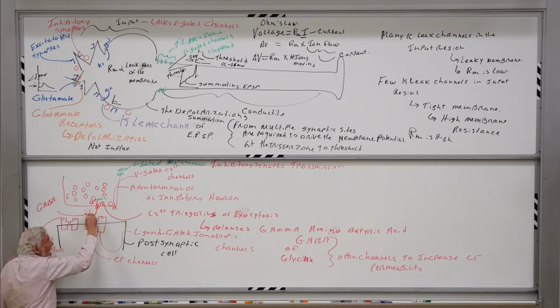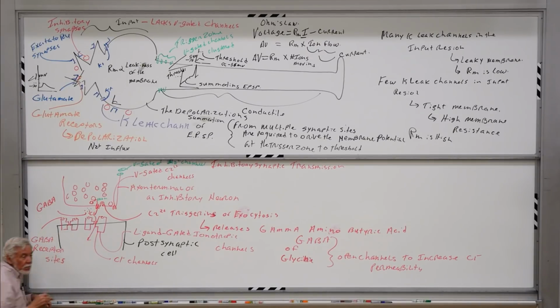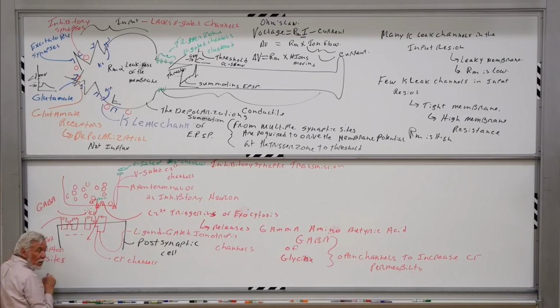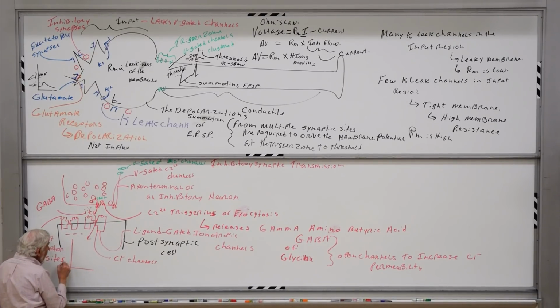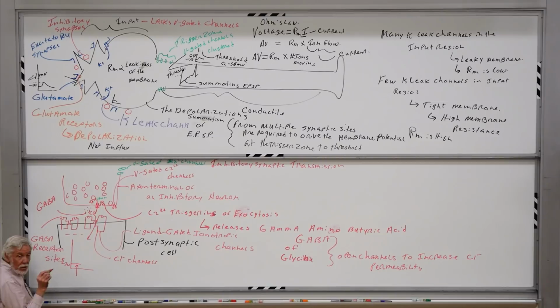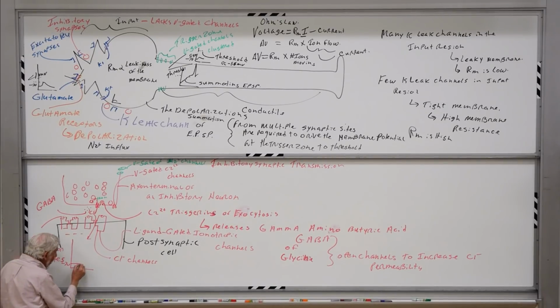And that they will now, in some cases at least, allow chloride to go from the outside to the inside. What's the charge on chloride? It's negative. So if chloride is coming in, and we start out with a membrane potential of minus 70 millivolts, if chloride comes in at that site, what's that going to do to the membrane potential? It's going to hyperpolarize it. It's going to make it more negative.